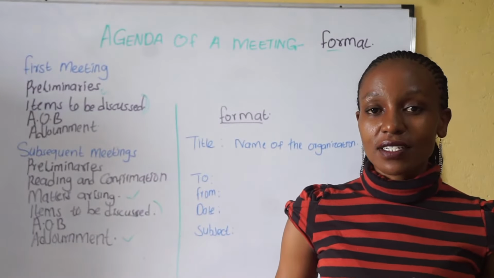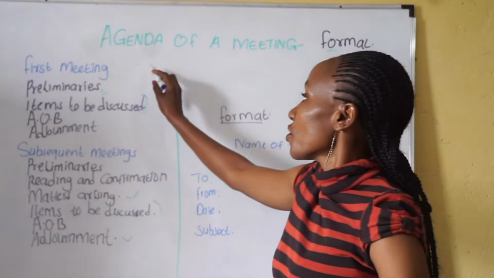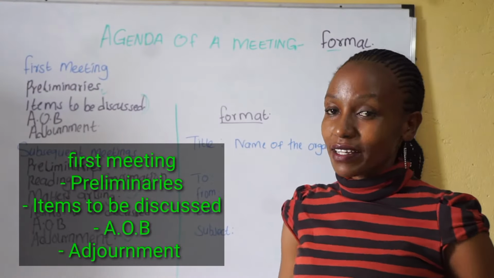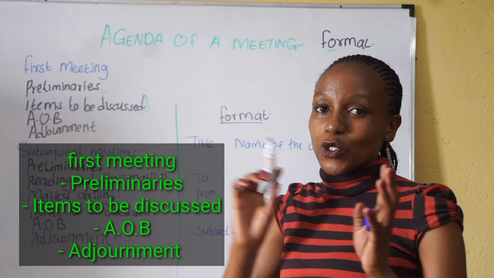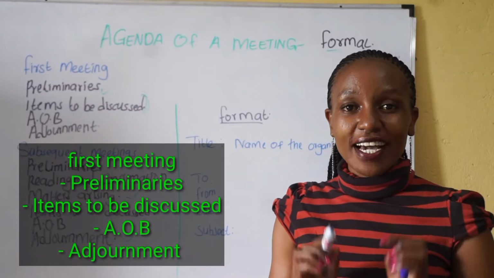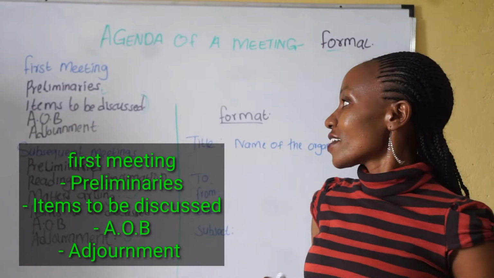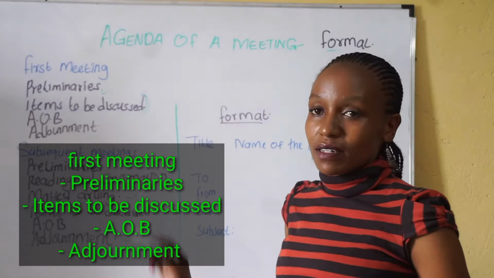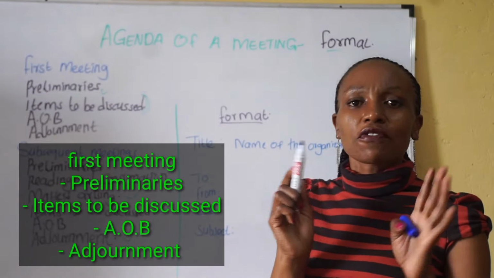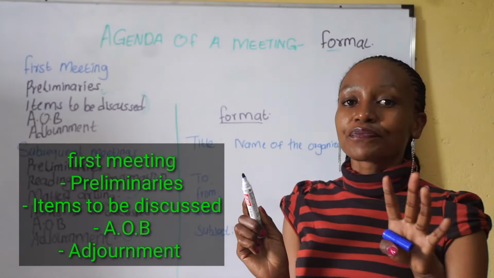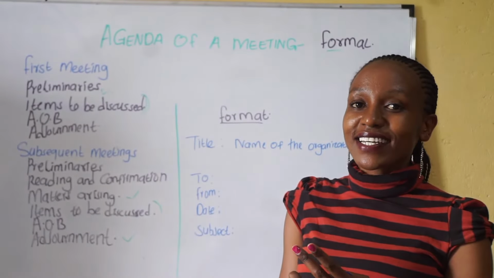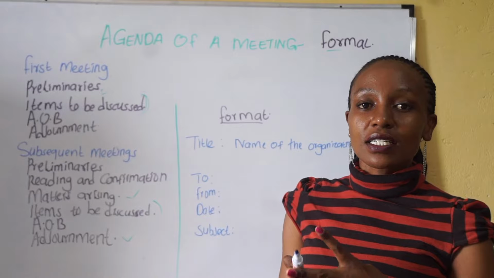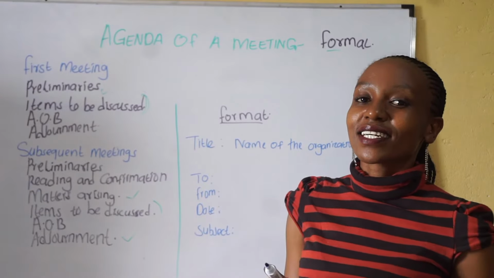For the first meeting, we are going to have these formats: preliminaries, and then the items to be discussed, the agenda of the day. These items could be 1, 2, 3, or 4.